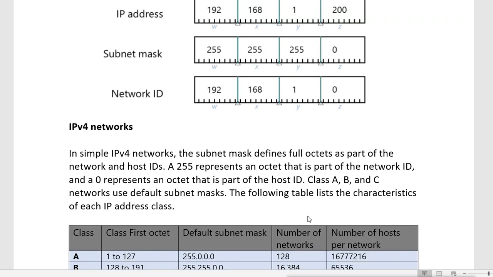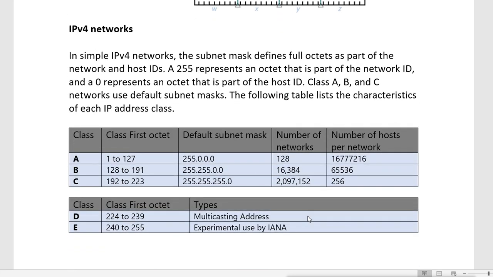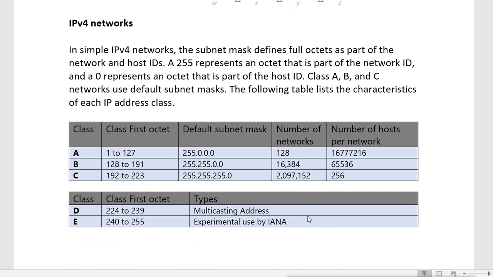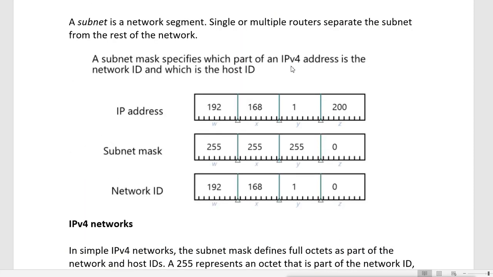Now IPv4 networks. We have these classes, and each class has a starting and ending range. Remember, if you see any IP address and you want to know which class it belongs to, you only have to look at the first part.